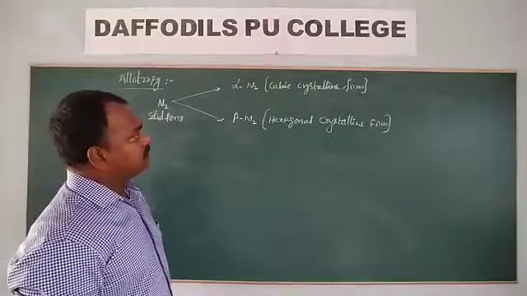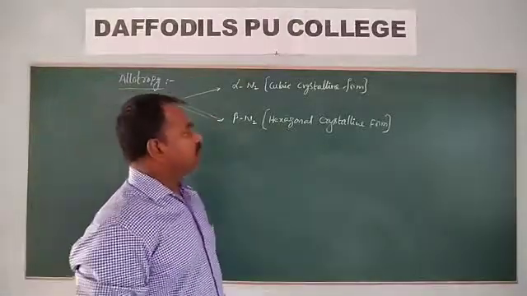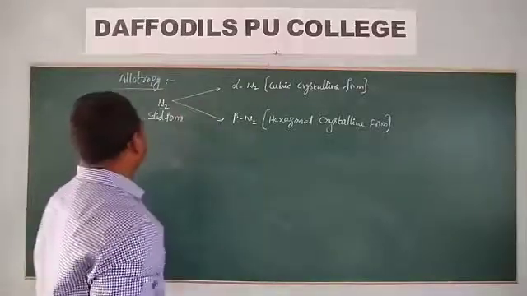Alpha nitrogen is in cubic crystalline form. Beta nitrogen is in hexagonal crystalline form.